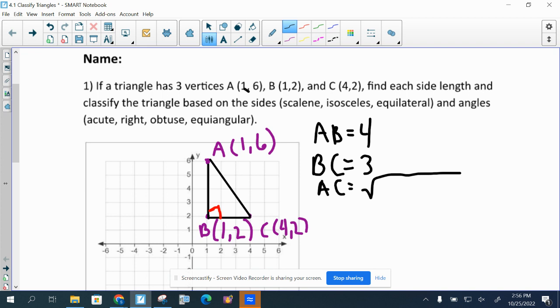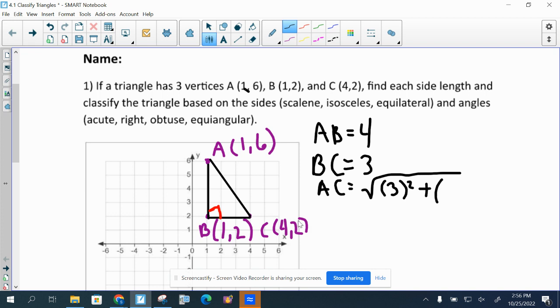So I would subtract the x's. It doesn't matter what order you go in for these. I just like to subtract it so that it makes it a positive number, but really it doesn't matter because even if you did get a negative number, you're squaring it. So it will become positive anyways after you square it. So anyways, 4 minus 1 is 3 squared plus, and then 2 minus 6.